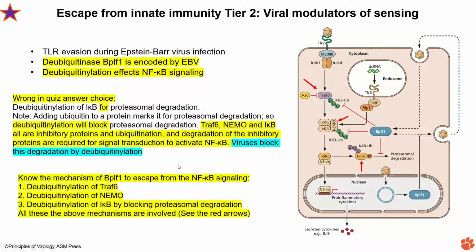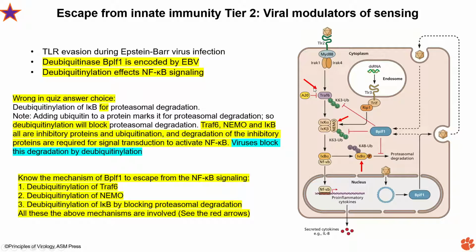So what we did, see that all these different proteins, they are deubiquitinated. That means the cell is trying to put the ubiquitin to operate the pathway, and the viral proteins are removing the ubiquitin. So that was what is wrong in the question.